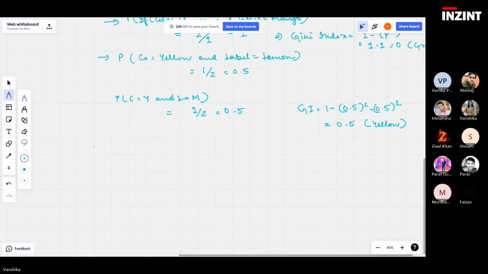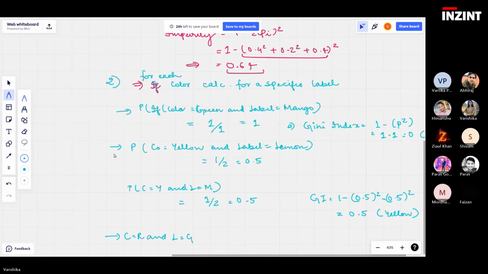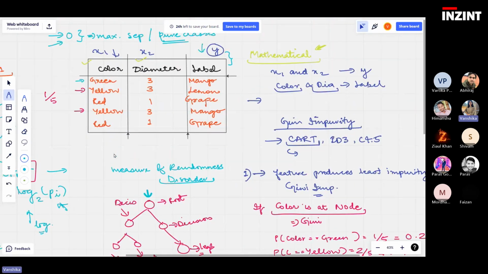Okay, now last and the least, we are going to calculate for red. Color equals red and label equals grape. So let's go and check. Where is the data? Yeah. So we have two instances for red color, this one and this one, and both of them have the label grape.